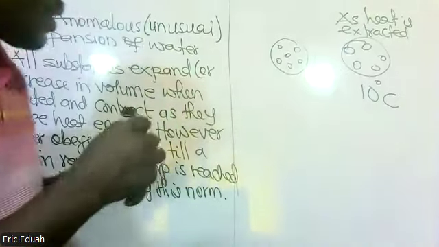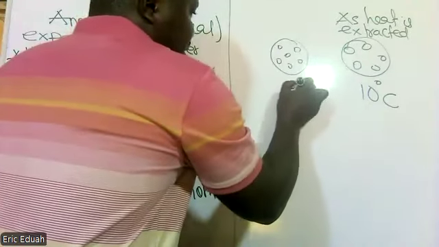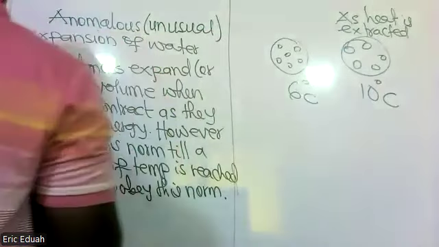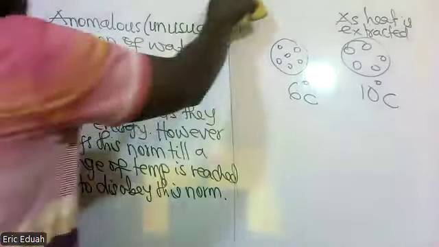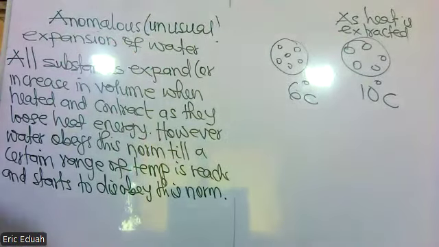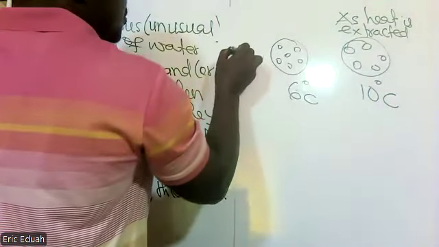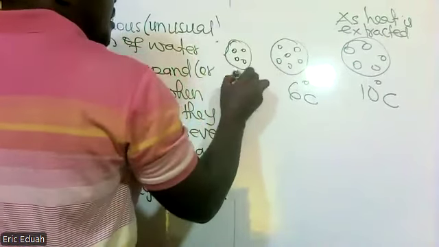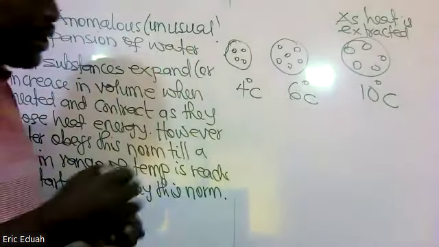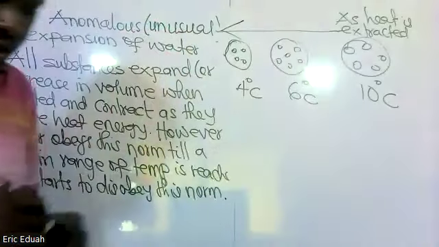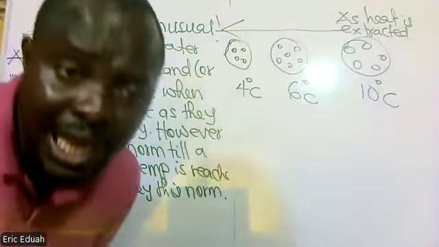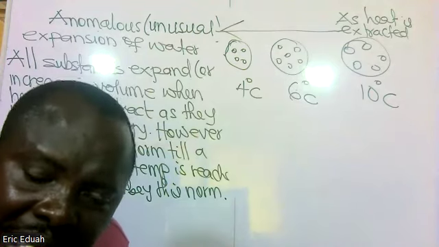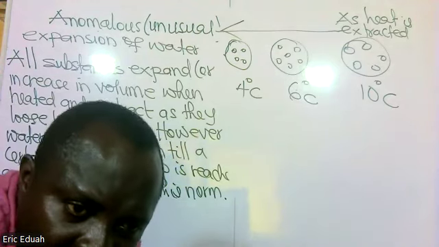Now, when it gets to a temperature, let's assume this is 9 degrees or even 6 degrees Celsius, then when we get to a temperature of 4 degrees Celsius, even though we are extracting heat energy out of it, which we expect water to contract, water will cease to contract starting from a temperature of 4 degrees Celsius.